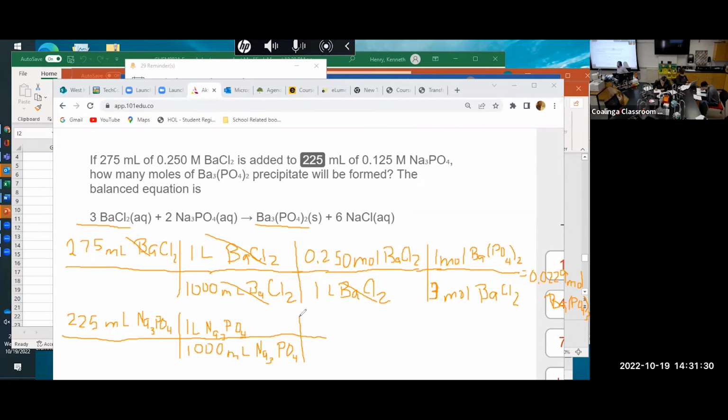Okay, so the next line, we're going to use the number of milliliters of our sodium phosphate. And we're going to do exactly the same thing. Molarity.